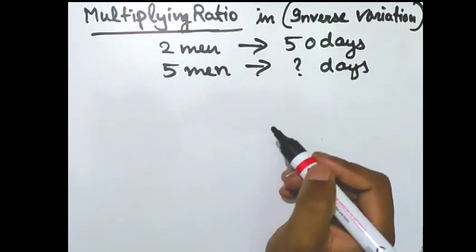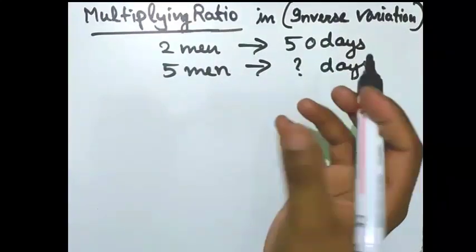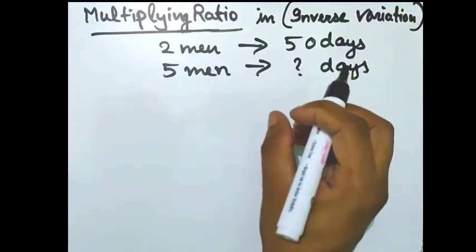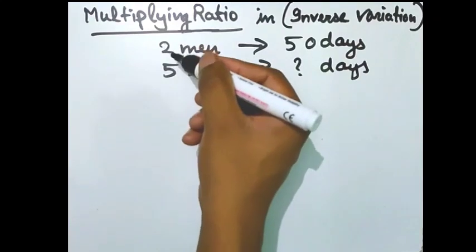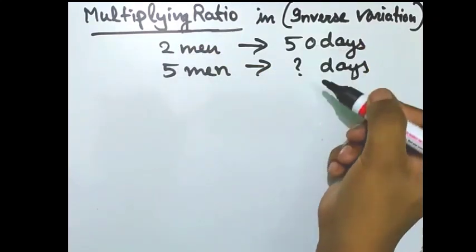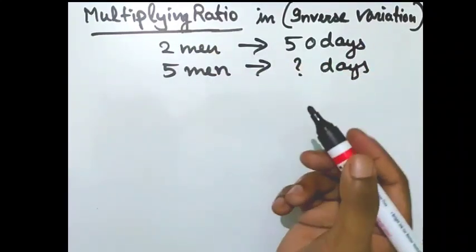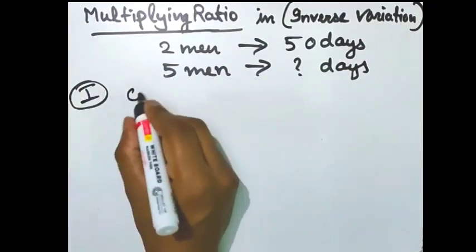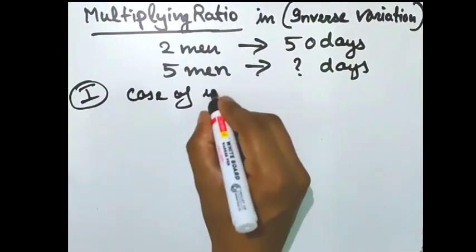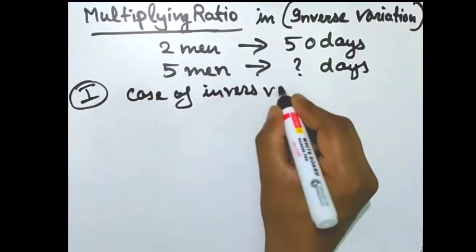Because if I increase the number of men, they'll complete the work faster, so they'll take fewer days. So the days will reduce. If increasing the number of men, the days are decreasing, so this is a case of inverse variation.